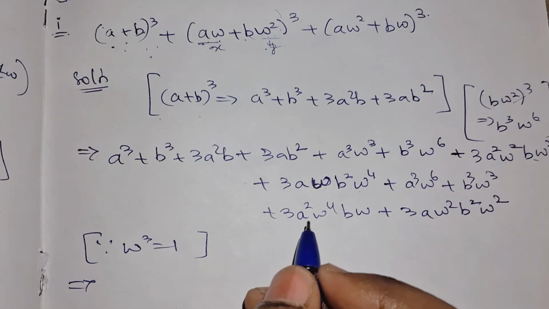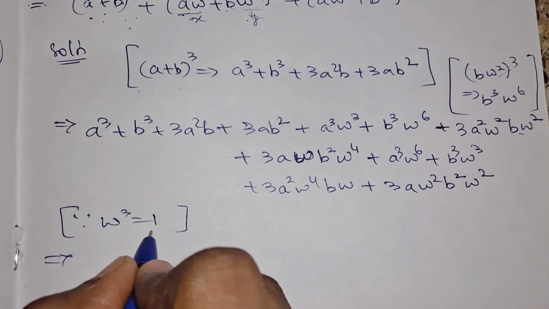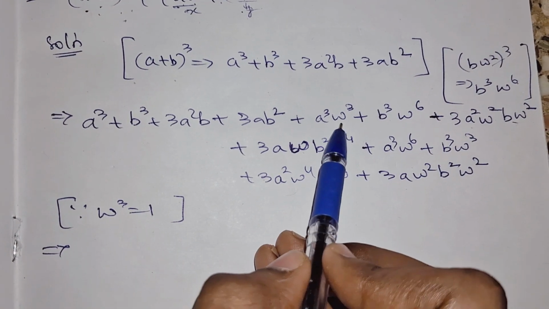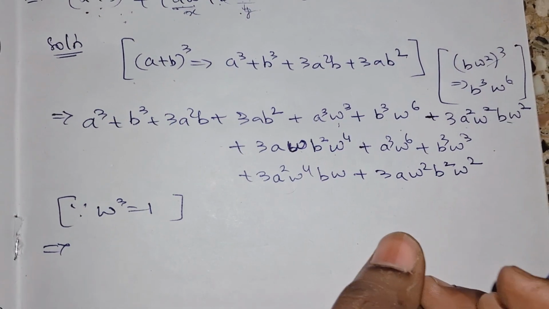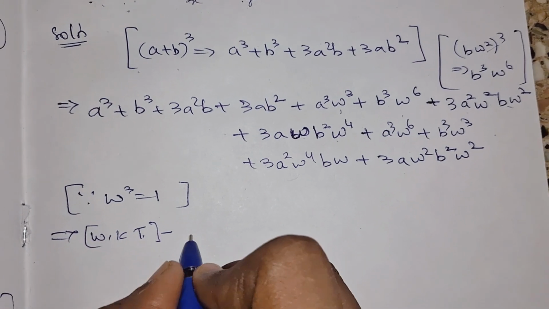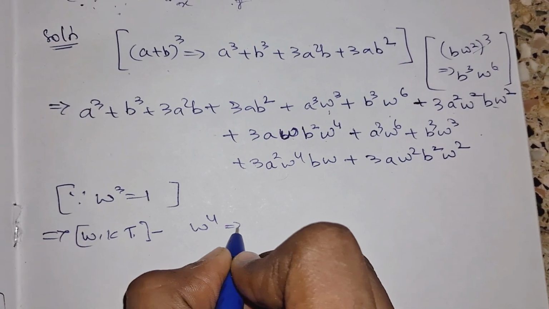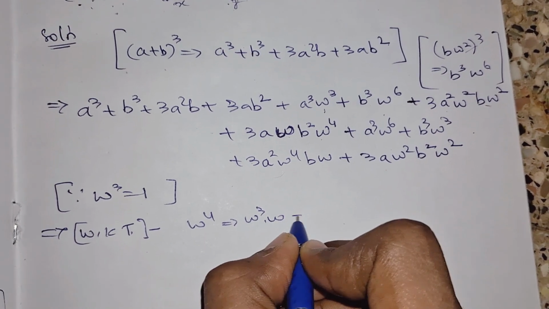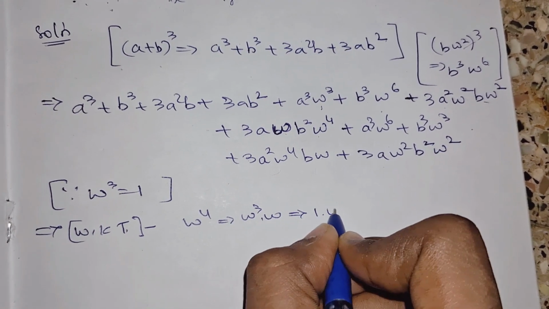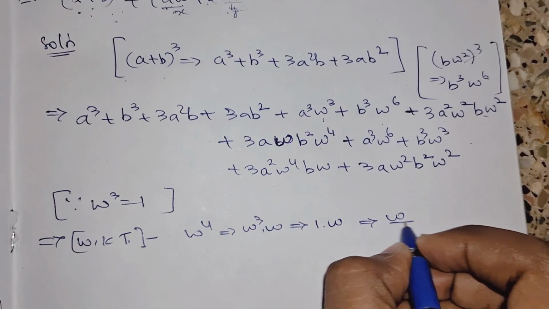Now we know that omega cube is nothing but 1. So wherever we have omega cube, we will consider it to be 1. Also, omega to the power 4 is omega cube into omega, which is 1 into omega, which is omega.